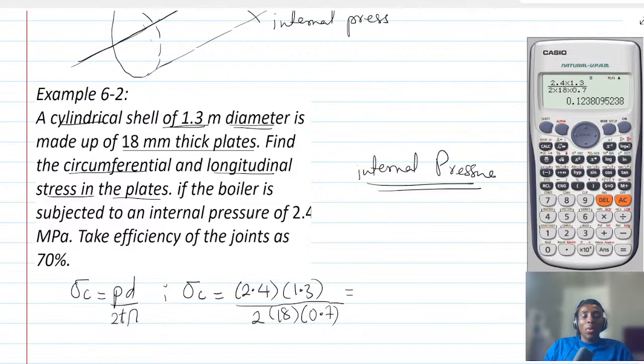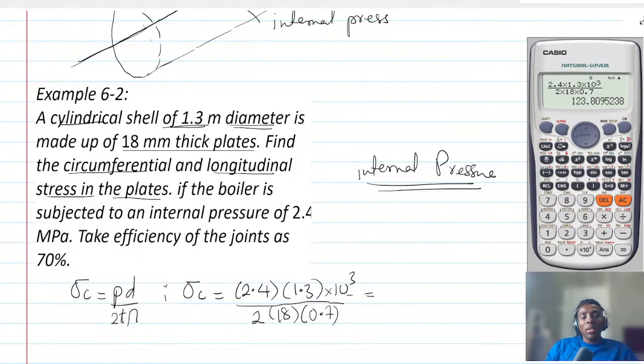So essentially, what you get is going to be 1.3 times 10 to the power 3.